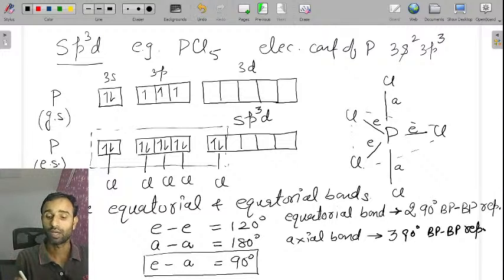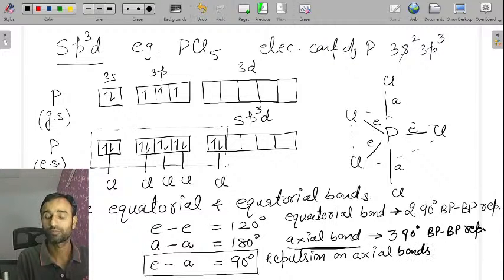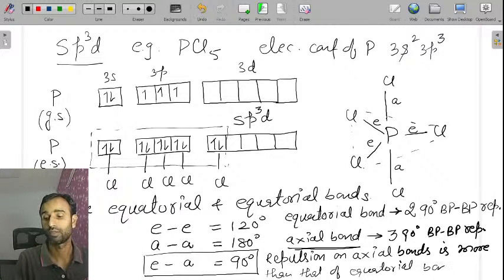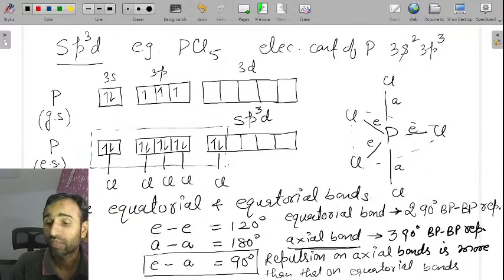That means repulsion on axial bonds is more than that of equatorial bonds. That's why axial bonds are longer than equatorial bonds.